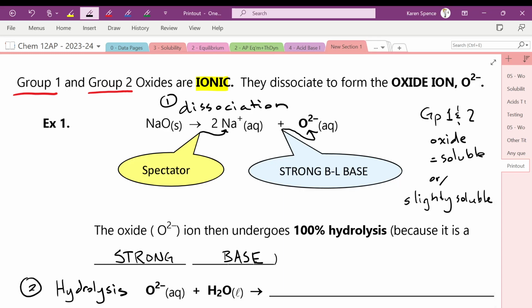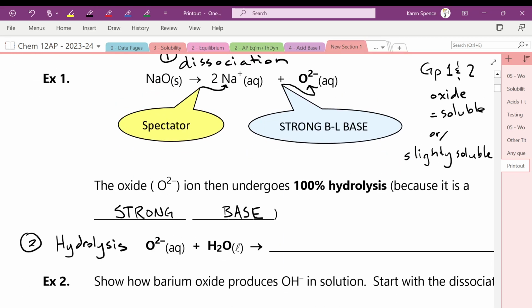Could you write the hydrolysis equation for O2 minus plus H2O? Is that good?